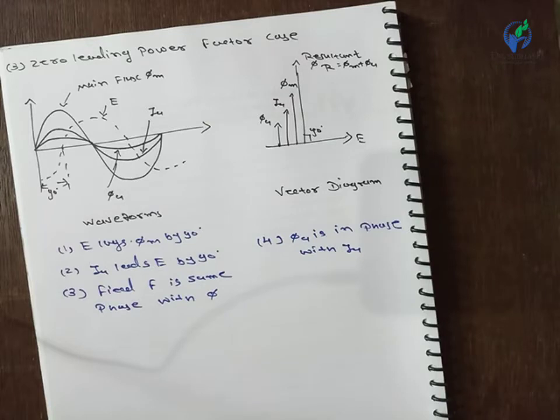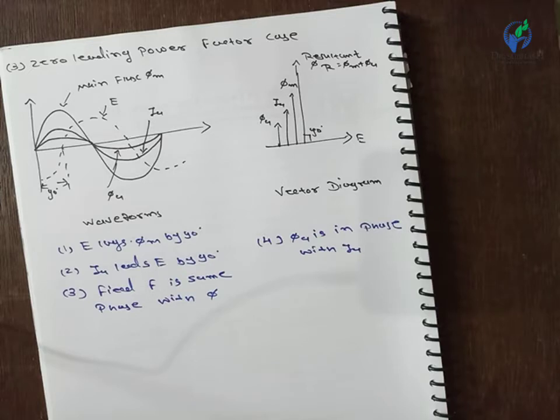Here we note that the flux phi m, phi A and armature current are in phase, along the same vertical line. For understanding purposes, they are shown separately.